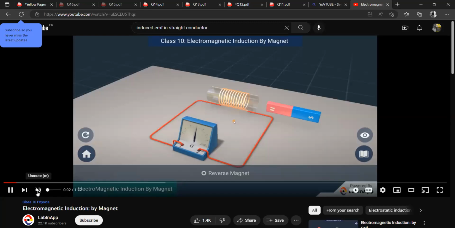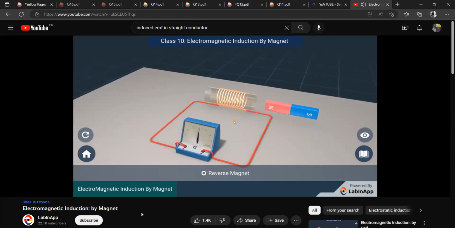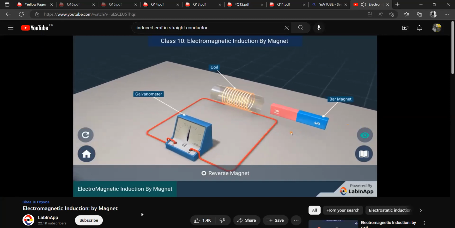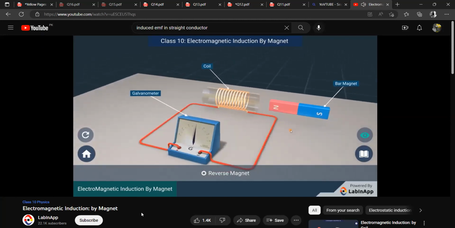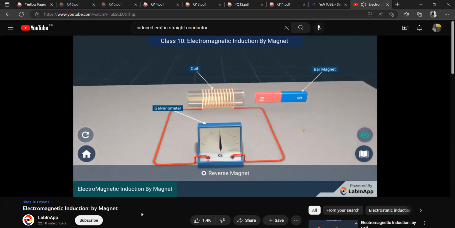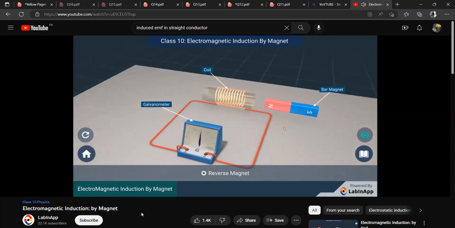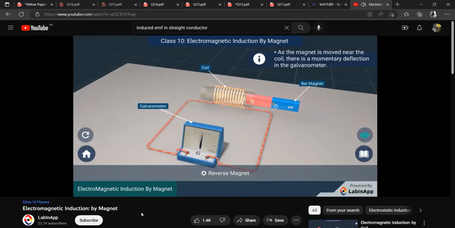Okay, so this is the practical application. Electromagnetic induction by changing the magnetic field around a conductor. We have taken a bar magnet, a coil, and a galvanometer. The galvanometer is connected to the coil and is used to detect the current flowing in the conductor. Move the magnet into the coil and carefully observe the galvanometer deflection. As the magnet is moved near the coil, there is a momentary deflection in the galvanometer.